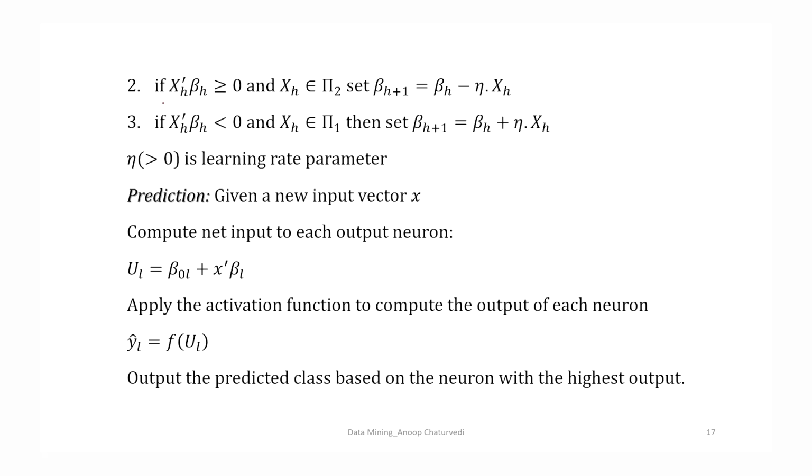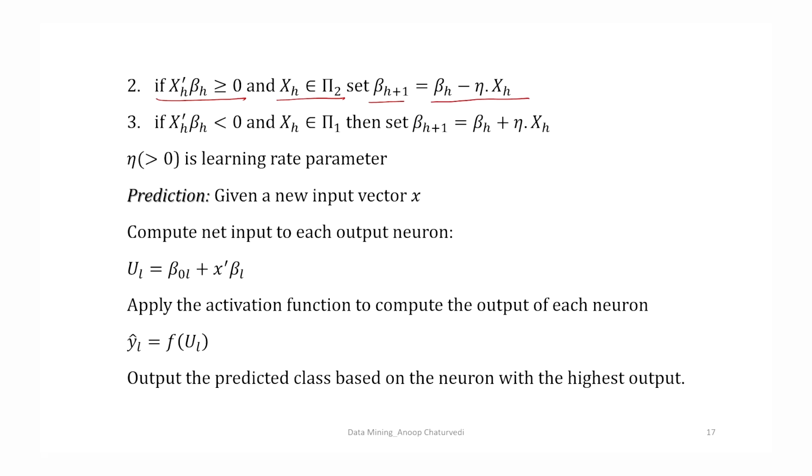If x_h transpose beta_h is greater than or equal to 0, but x_h belongs to pi_2, it means the classification is not correct. Then we set beta_(h+1) equal to beta_h minus eta times x_h.